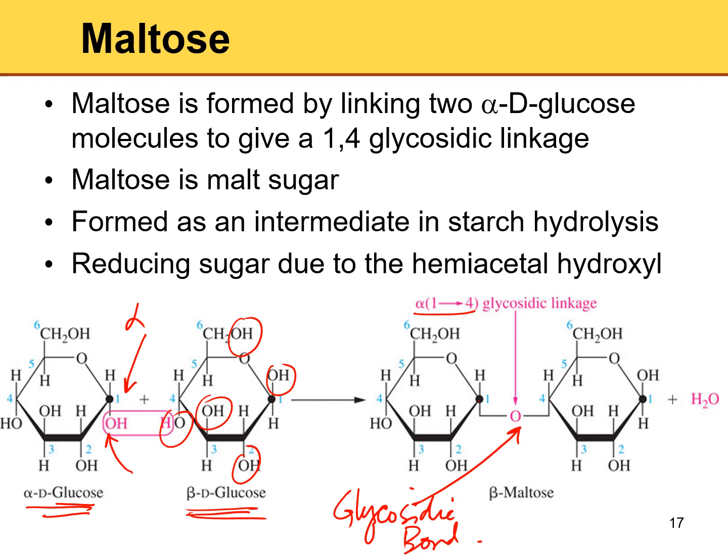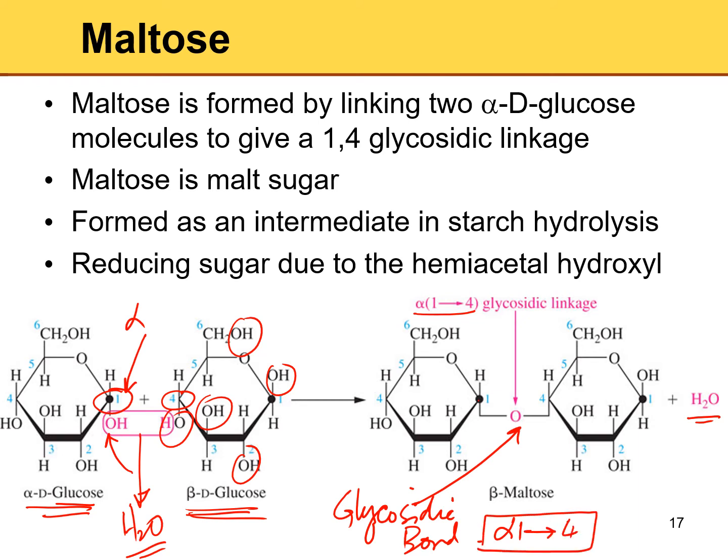Again, the numbers are mentioned here. This is carbon number 1, and it's reacting with carbon number 4, and then you have water being eliminated, right? And a C-O-C bond gets formed, and this is called alpha because it's an alpha 1, that's this OH, to carbon number 4, right? The alpha 1,4 glycosidic bond.